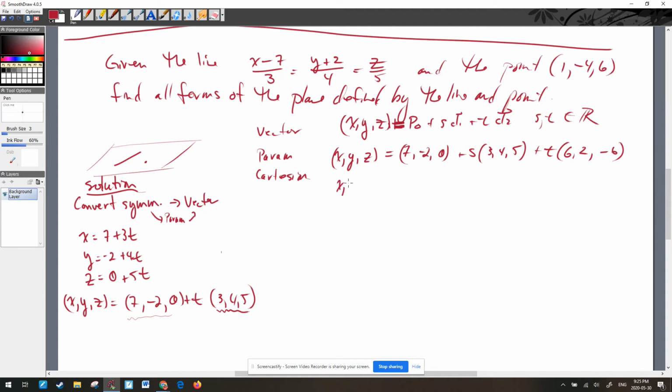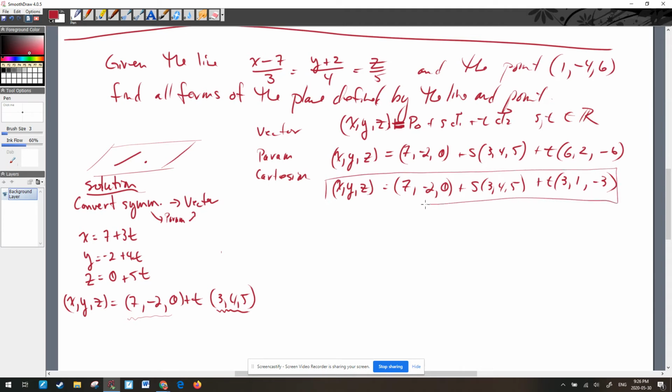So I would want to do x, y, and z is equal to 7, -2, 0 plus s times 3, 4, 5. We're good there. Plus t times, well, this is going to be 3, 1, -3. So there it is. There is the vector form of that plane.